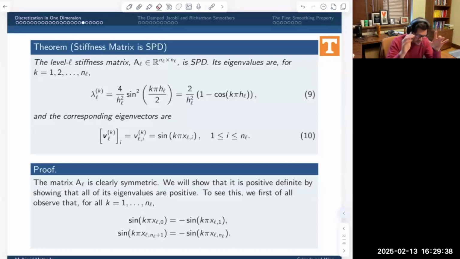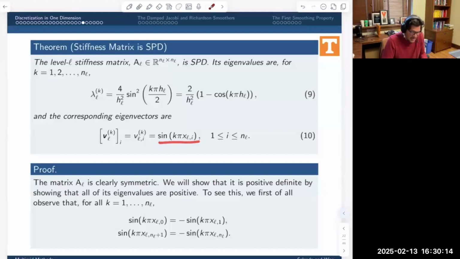And then I'll discuss another big change whenever we plot these things out. Otherwise, the functional form is the same as previously. It's a sine squared, it's a cosine, okay? It's sine squared of k pi HL over 2 times some prefactor, for k between 1 and NL. The corresponding eigenvectors are, again, similar to what we found for the standard stiffness matrix.